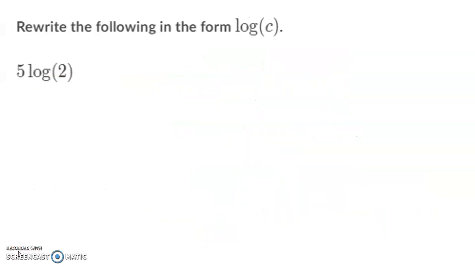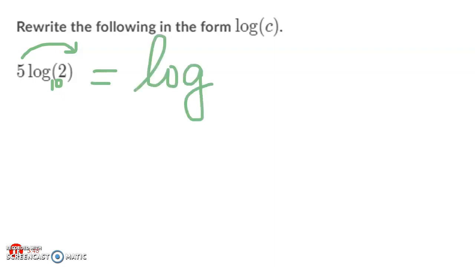And then the last property we're worried about is this one, where we just take this 5 right here, and that becomes the exponent. And of course this is still base 10, right? So this becomes log base 10 of 2 to the 5th power. Okay?